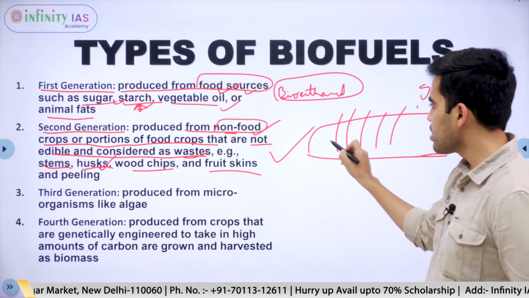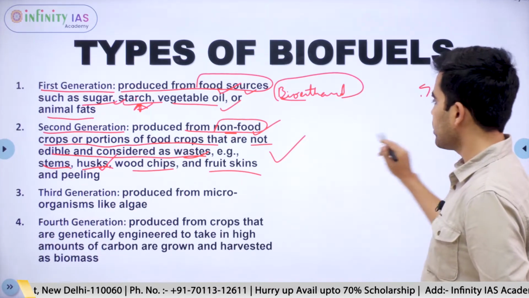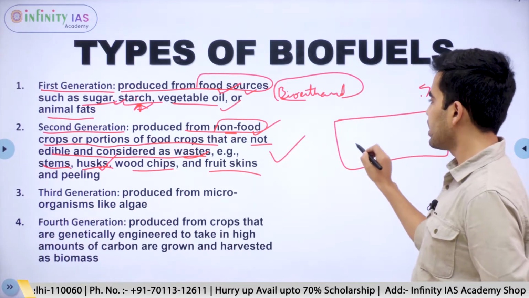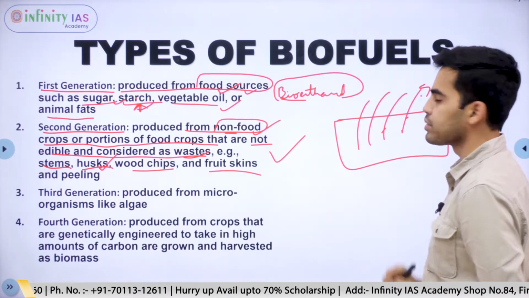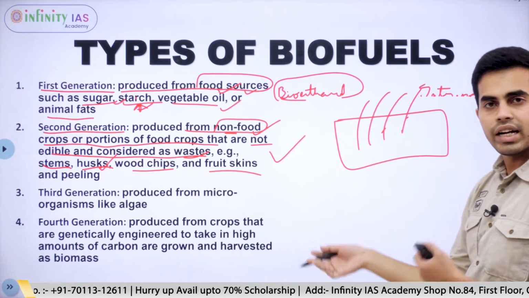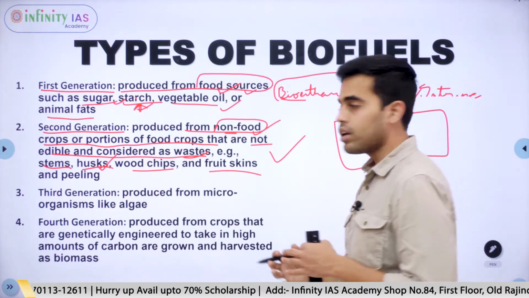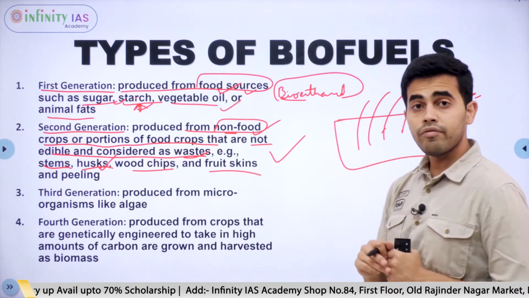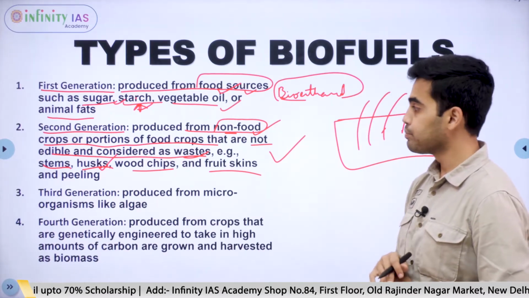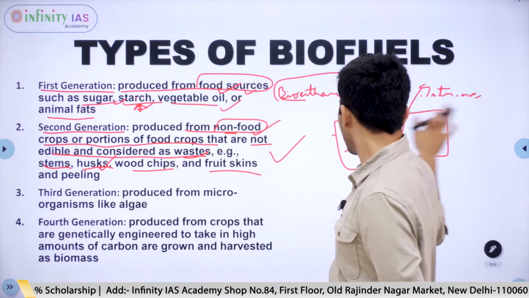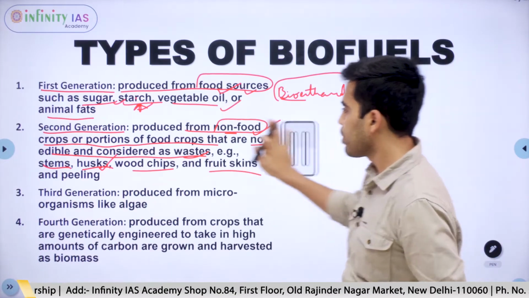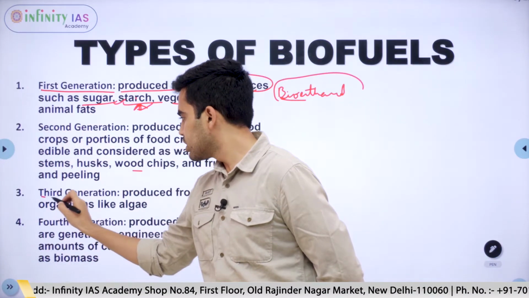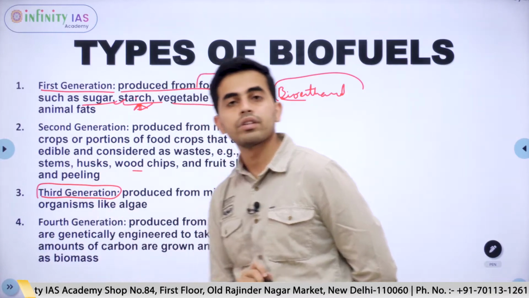What the farmer does is stop cultivating rice and start cultivating these non-food crops. So what happens ultimately? The production of food grains will decrease. So there is a problem with land availability. To solve this problem, we have gone to third generation biofuels.